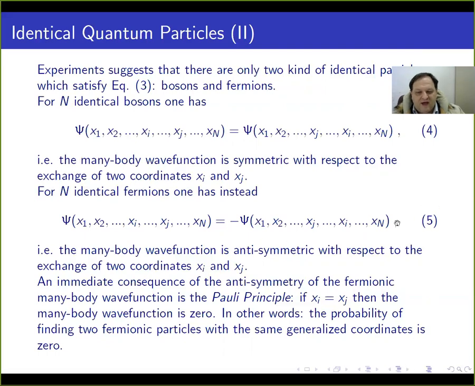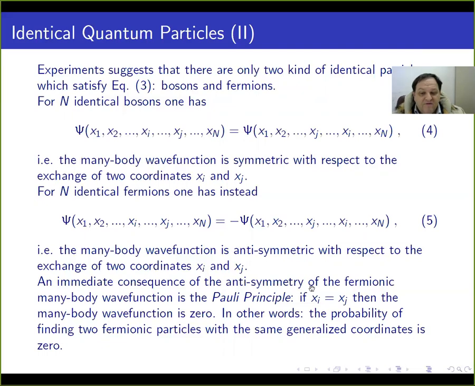So equation 5 holds. The many-body wave function for fermions is antisymmetric with respect to the exchange of two coordinates xi and xj. An immediate consequence of the antisymmetry of the fermionic many-body wave function is the Pauli principle.